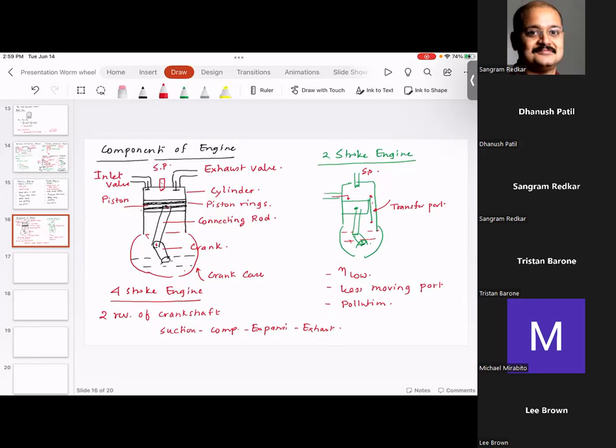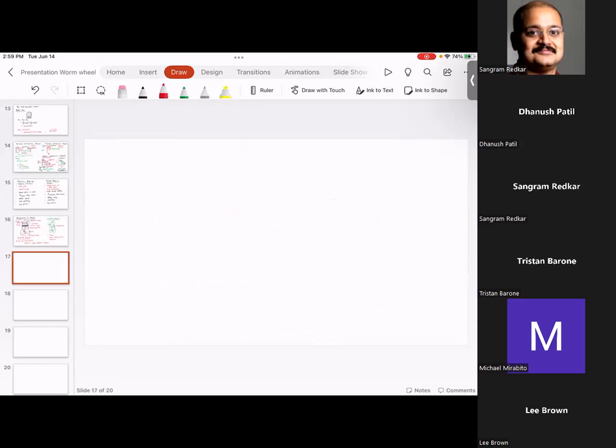Now I want to give you an idea of the components that we are going to design. When we have an engine design problem, engine design means first we have to design the piston and cylinder. So typically we design the cylinder first.